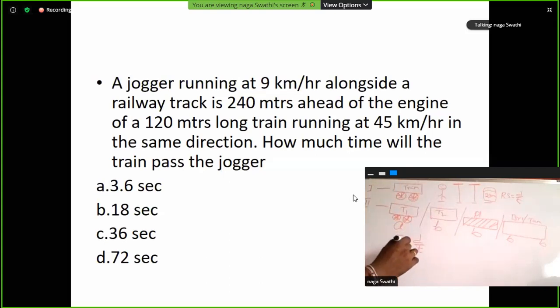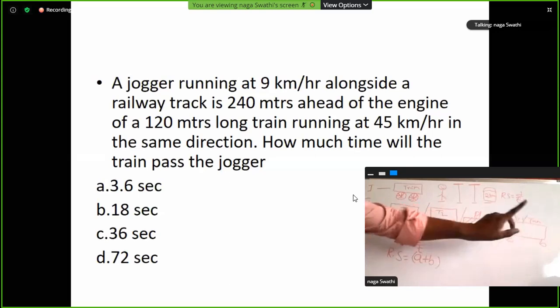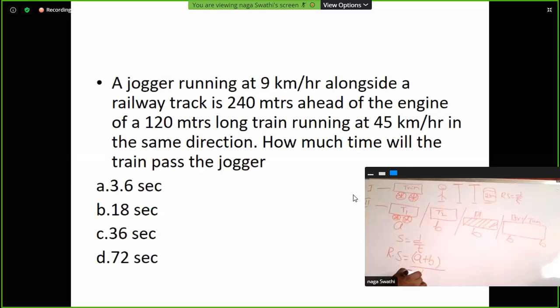If two objects are moving in same direction or opposite direction, then we consider relative speed. So distance is the length of the first train plus length of the second train, or length of the first train plus length of the platform, or length of the train plus length of the bridge or tunnel. So this is the second formula.